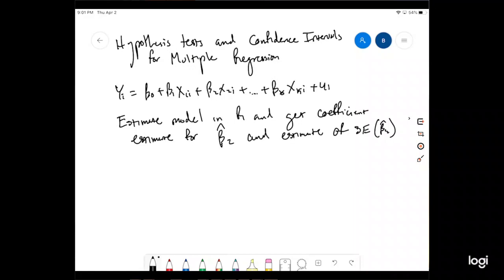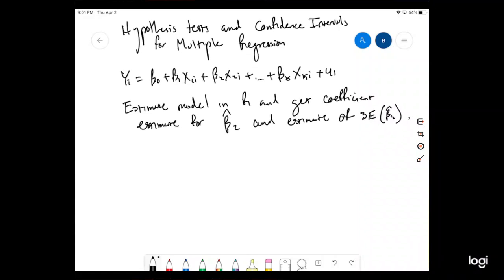So just like in the single variable case, because of the central limit theorem, if all of our assumptions hold, our t-stat has a normal distribution. So our t-stat is equal to beta hat 2 minus our hypothesis about beta 2.